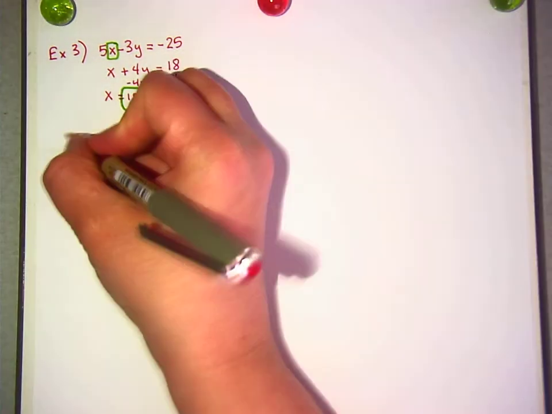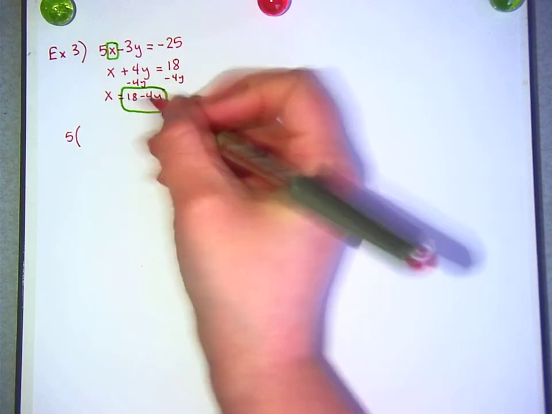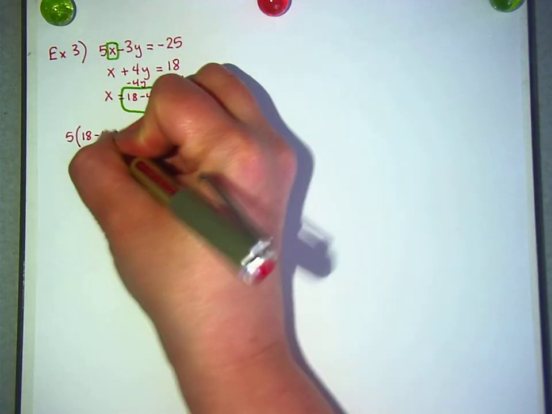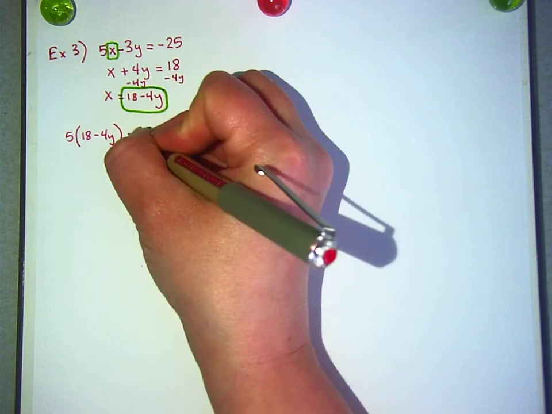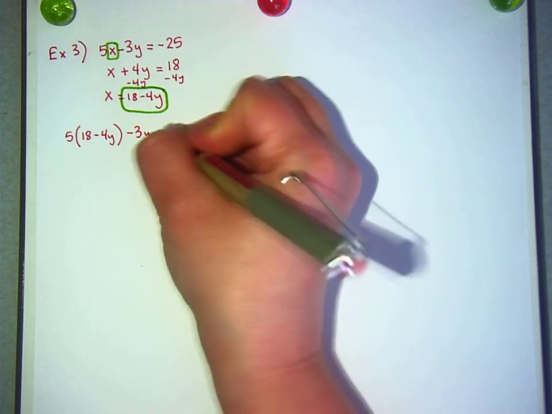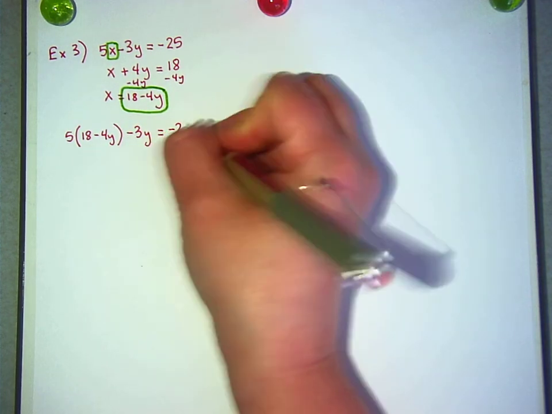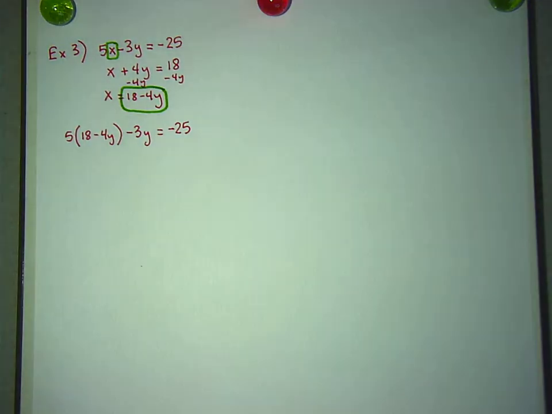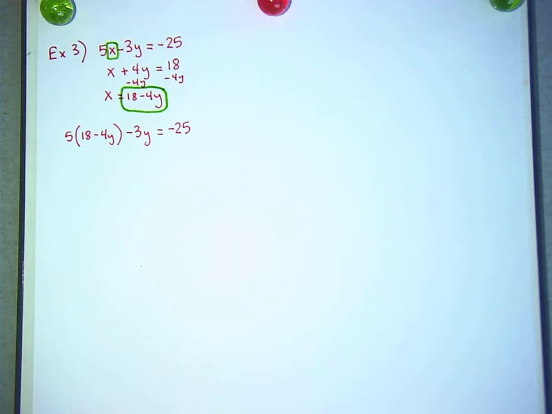Okay, so I'm going to write 5 parentheses. Instead of x, I'm going to write 18 minus 4y parentheses minus 3y equals -25. See how we only have the y's left now?